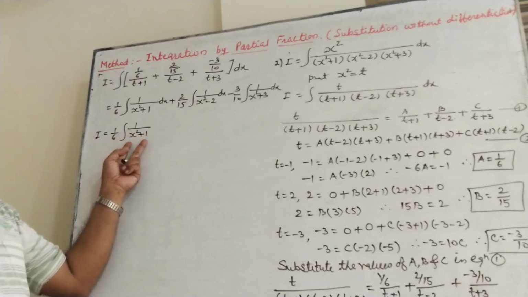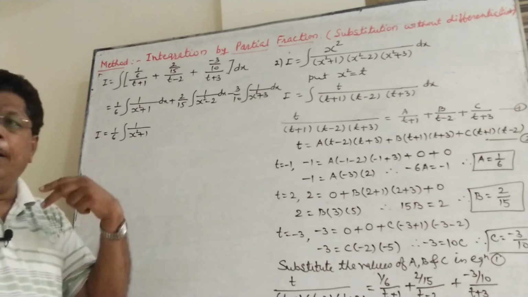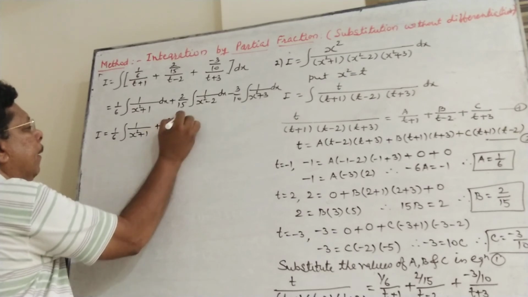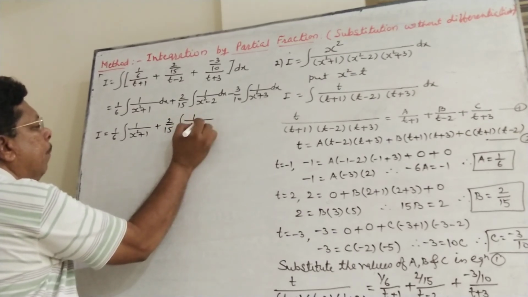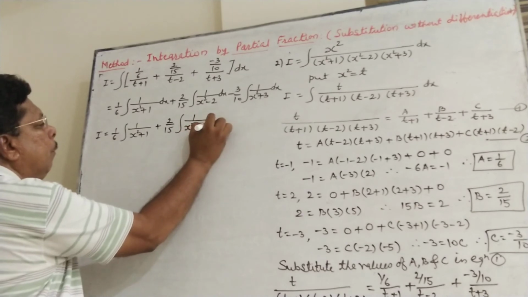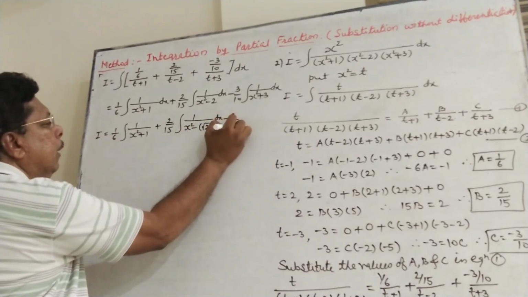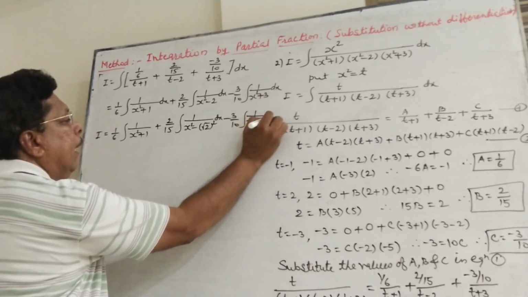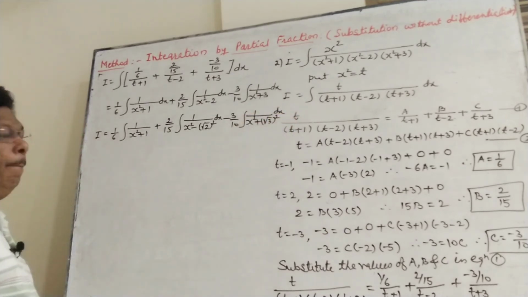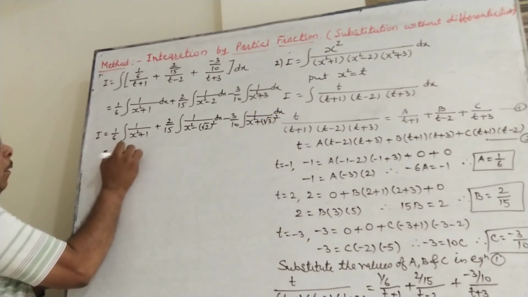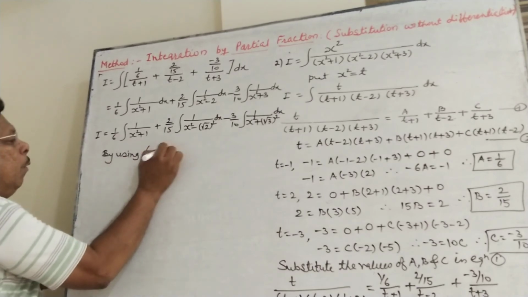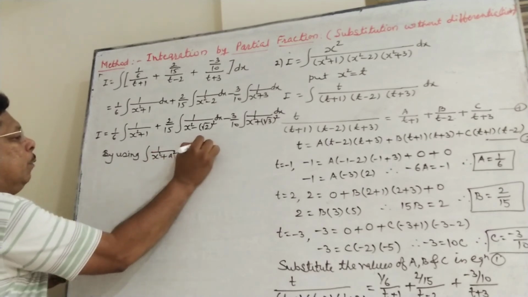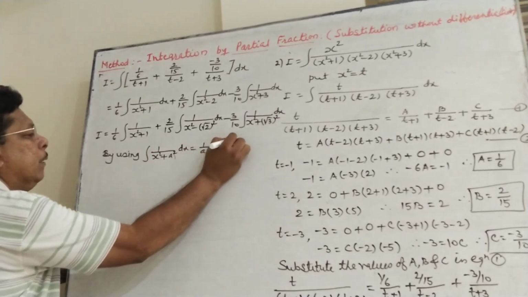Therefore integration 1 upon x square plus 1 is tan inverse x or minus cot inverse x, anyone, plus 2 upon 15 integration 1 upon x square minus 2, we can write root 2 square, dx, minus 3 upon 10, this we can write x square plus 3, we can write root 3 square. By using integration 1 upon x square plus a square dx is equal to 1 upon a tan inverse x upon a.